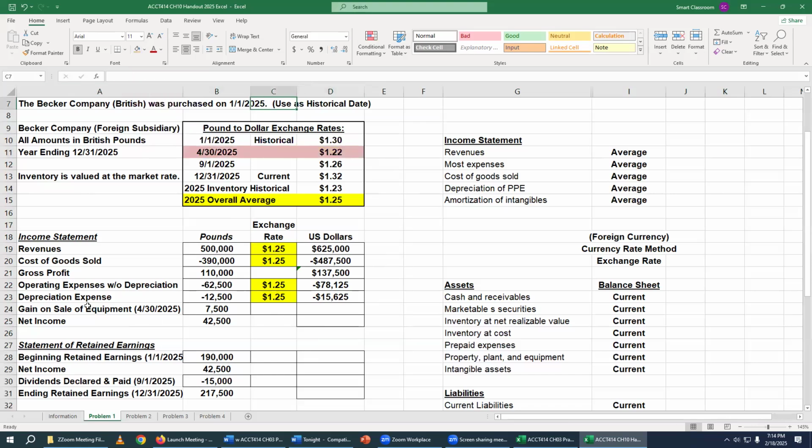Reddish. Because this is on a specific date, we will use that for the exchange rate. It wasn't sold throughout the year, it was sold on a specific date. And it was 122. Now this is a gain, so this will be a plus.